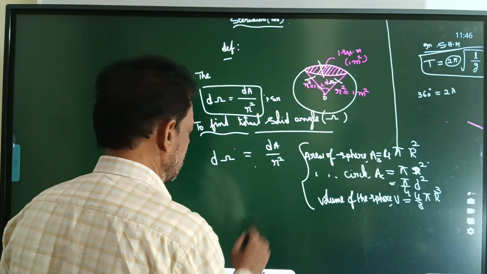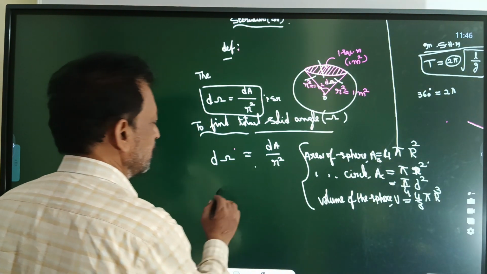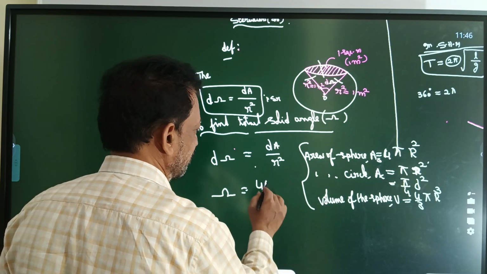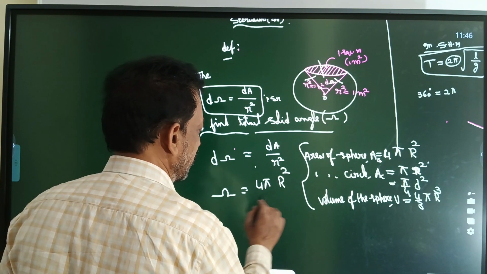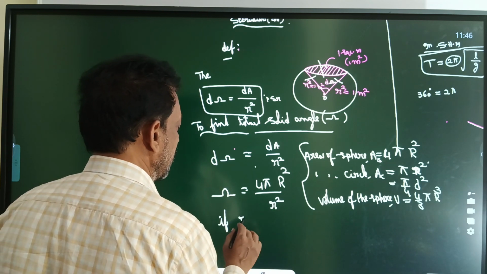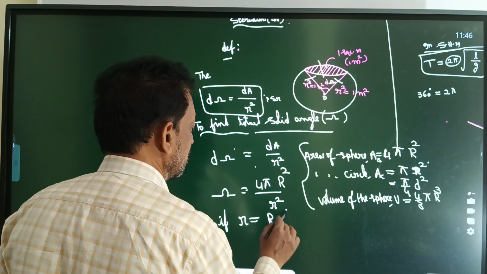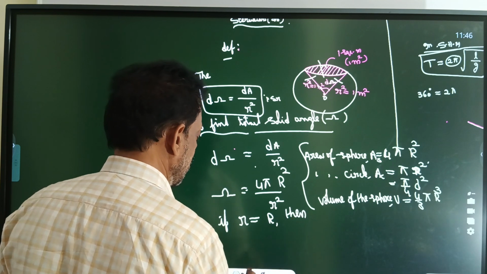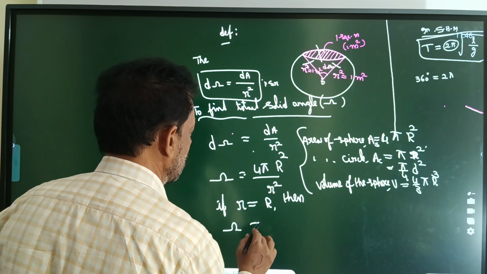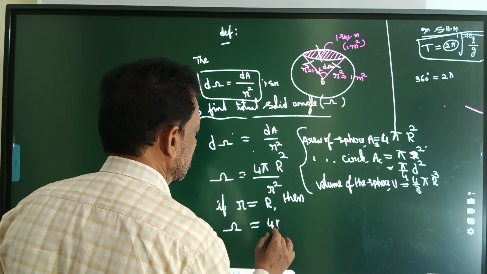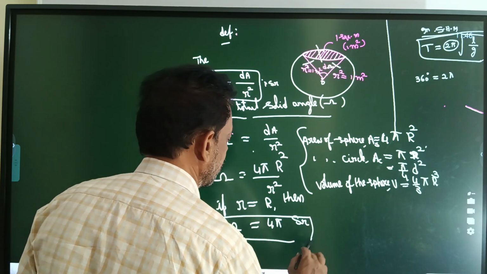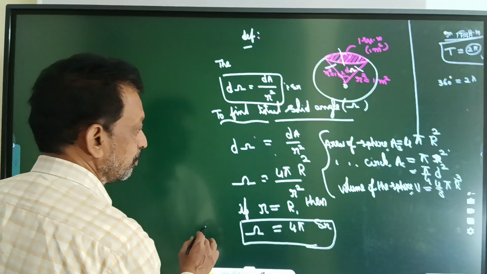Now coming to this one. So the area of this sphere is how much? d omega is equal to total area 4 pi r square by small r square. Suppose if r is equal to R, then what is going to happen? Then total solid angle omega is equal to 4 pi steradian.